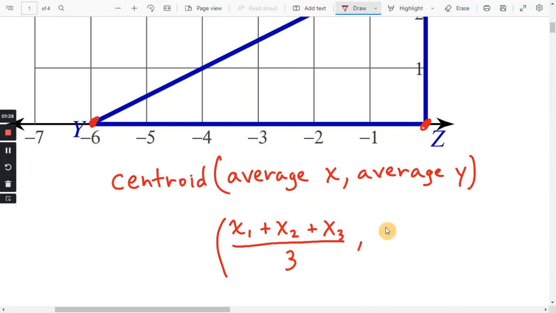For the y coordinates, same thing. You have 3 vertices or 3 points of the triangle. You take the y coordinates, y1 plus y2 plus y3. You add all 3 and divide by 3. So that's it. That's the formula.